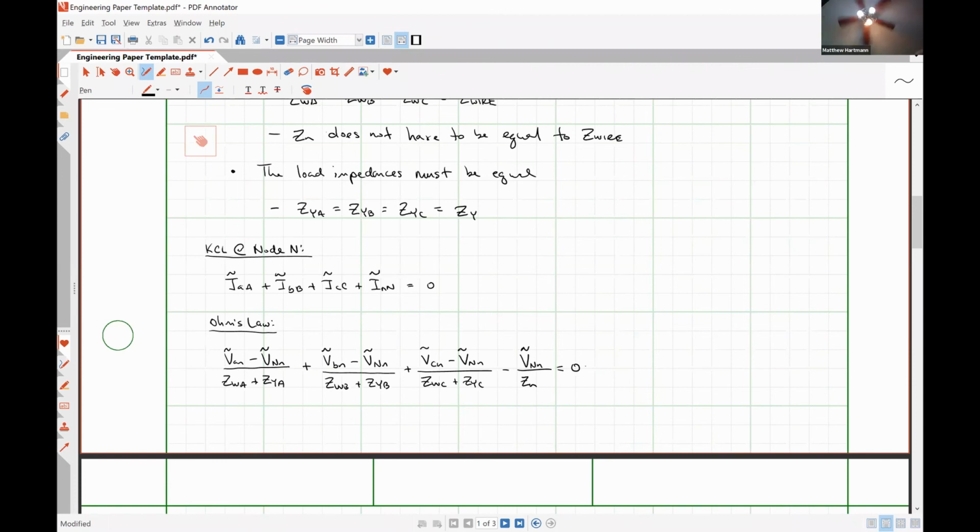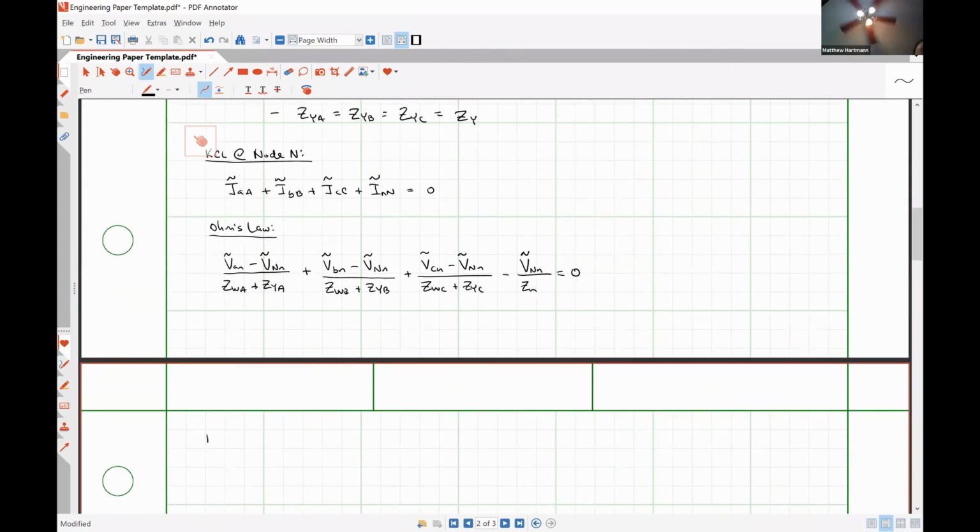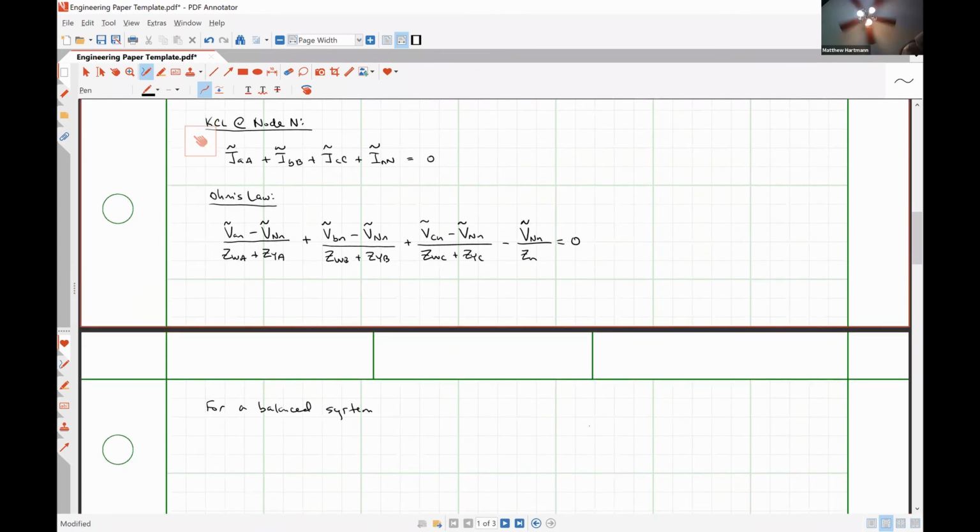All right, so if our system is balanced, we know that ZWA, ZWB, ZWC are all equal. Similarly, ZYA, ZYB, and ZYC are all equal.